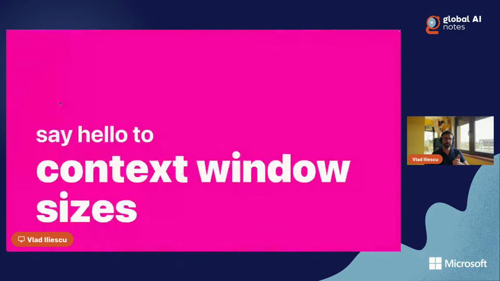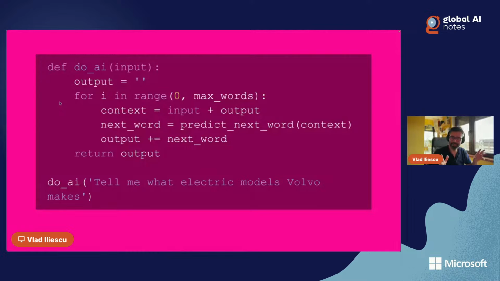So let's talk a bit about context window sizes to really understand what's going on. Remember this fancy AI code. What do we mean when we talk about a model's context? Because for quite a while, I believed it was just the size of the input.